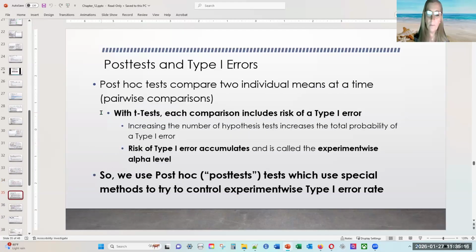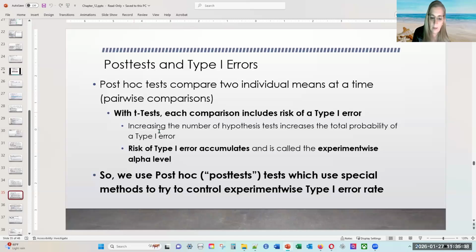Post hoc tests compare 2 individual means at a time. It will take all the possible comparisons that you have and tell you if there is a significant difference between any two pairs.